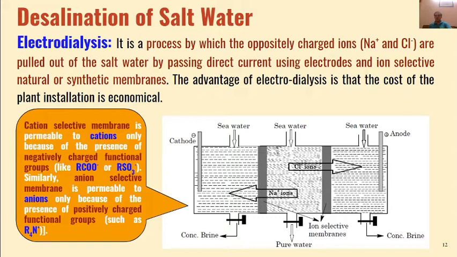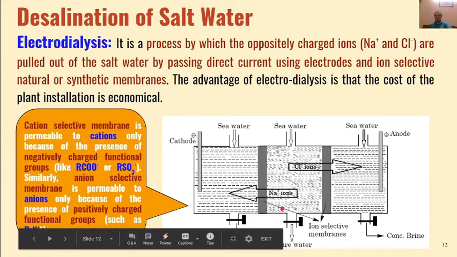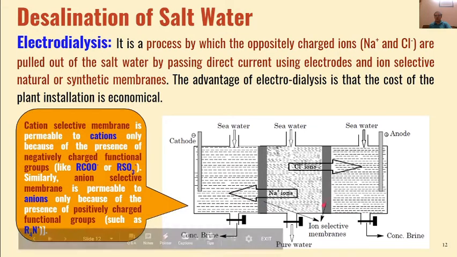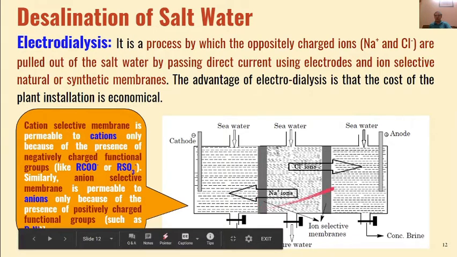So from this end we can have our pure water, because all the sodium and chloride ions will shift to the cathode and anode respectively. And this process of removal of sodium chloride through application of current using electrodes and these cation selective and anion selective membranes is known as electrodialysis.